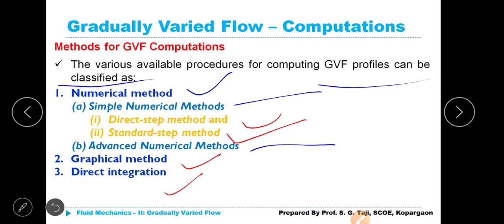But as per your syllabus, if you refer to 15 to 20 previous years' question papers, whether the 1990 course, 1995 course, 97 course, 2002 course, 2007 course, 2012 course, or recently your 2015 course, irrespective of the course, the numerical problem is based only on the direct step method. It is the only one included for numerical problems.